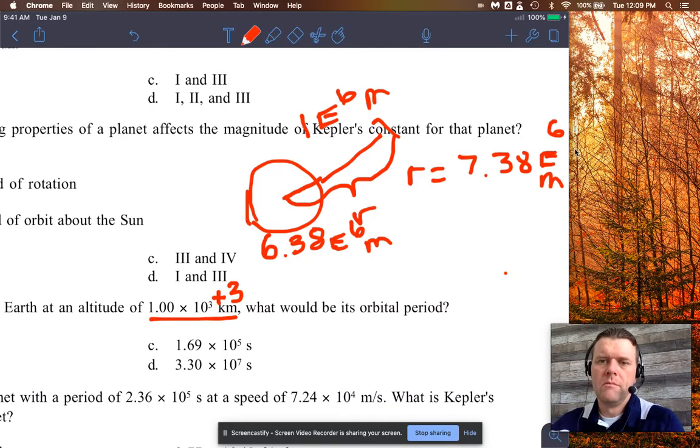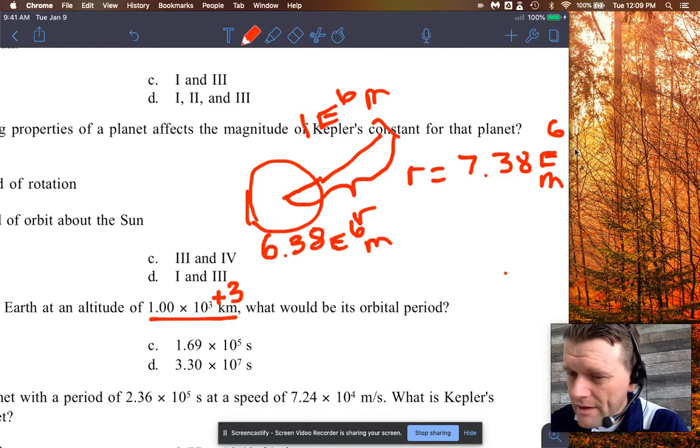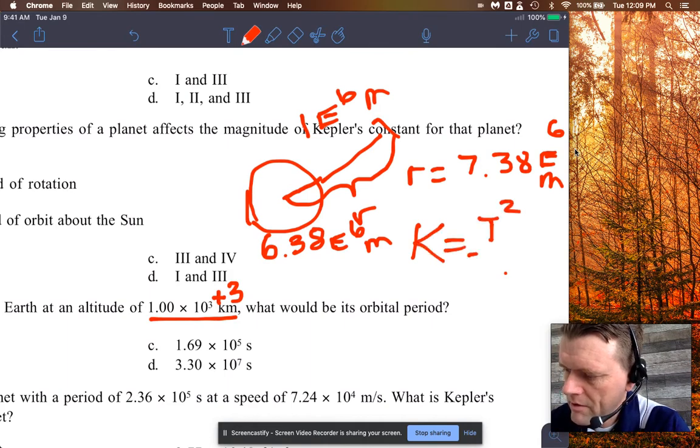Now, that's just the radius. You have to catch all of that before we even start, because if we're trying to find the orbital period, it would be really nice if we knew Kepler's constant for the Earth. Kepler's constant is equal to the period squared over the radius cubed.